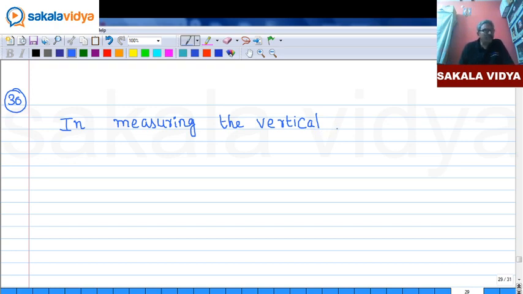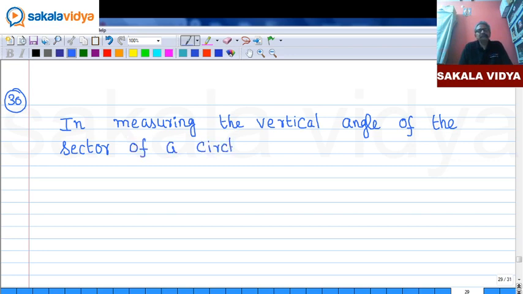In measuring the vertical angle of the sector of a circle of radius 30 centimeters, an error of 1 degree is made.